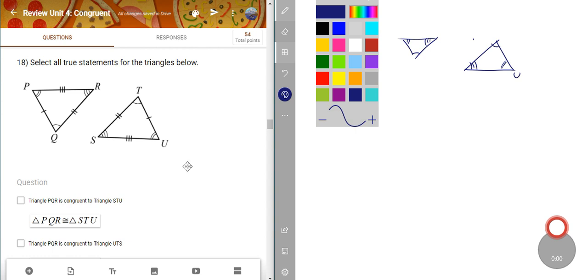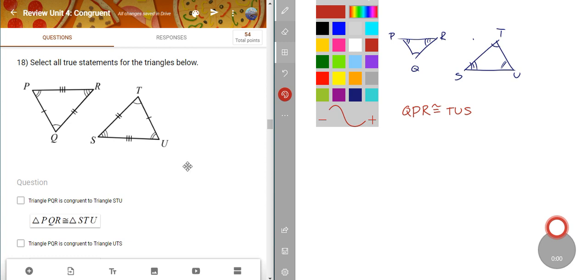So U, T, S, Q, R, P. Oh, P, not R, P. All right, so basically just match them up, right? So like Q is a 1, P is a 2, R is a 3. So this would be congruent to T is a 1, U is a 2, S is a 3, right?